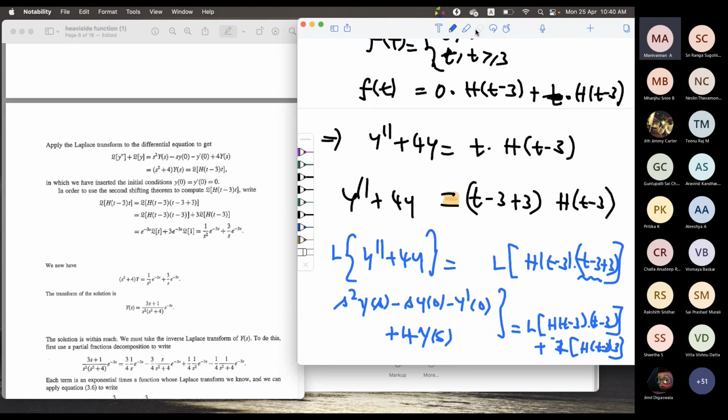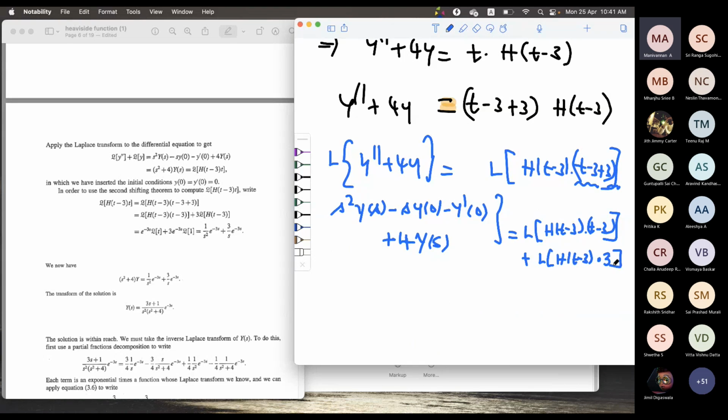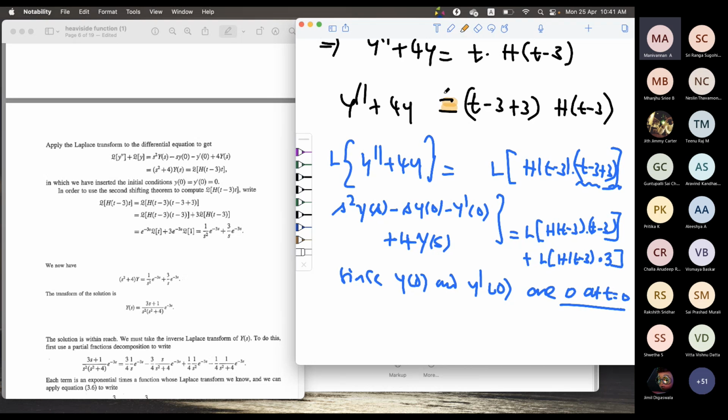Shall we write in this way? Students? Yes, sir. This term and this term we are writing separately, that's all. Since y of 0 and y derivative at 0 are 0 at t equals 0, both are 0. So this term will vanish, this term also will vanish.